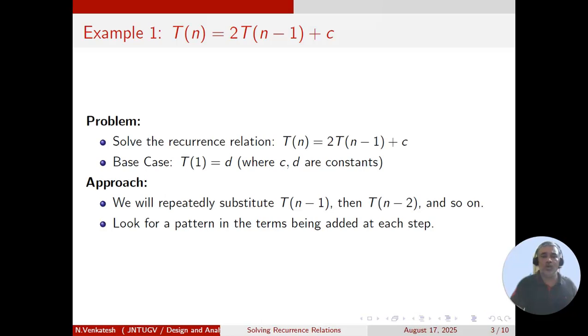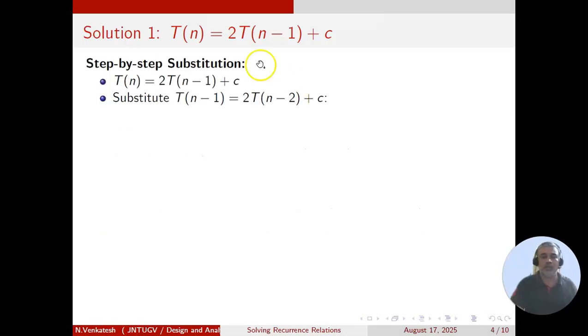Now to solve this recurrence relation, first we consider what T(n-1) is. From this equation, if you substitute n-1 in place of n, we get T(n-1) as 2T(n-2) + c. Here c is an independent value which does not depend on n.